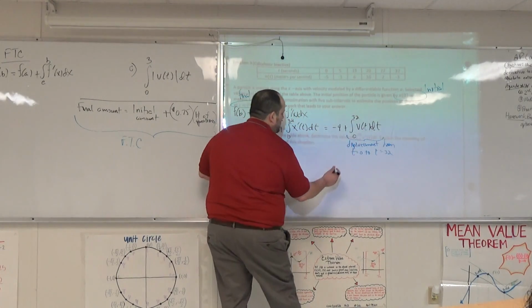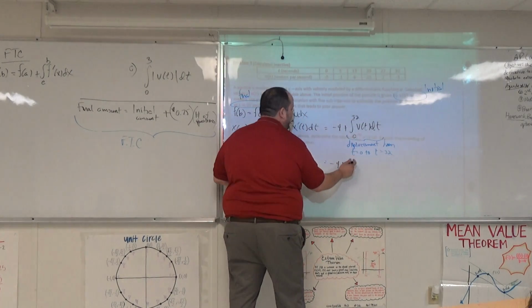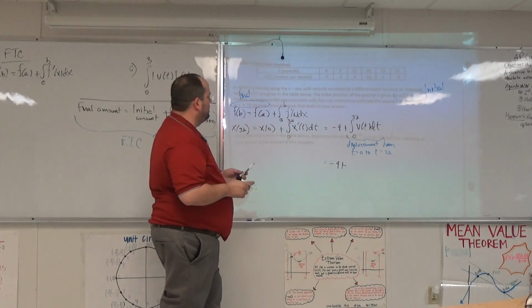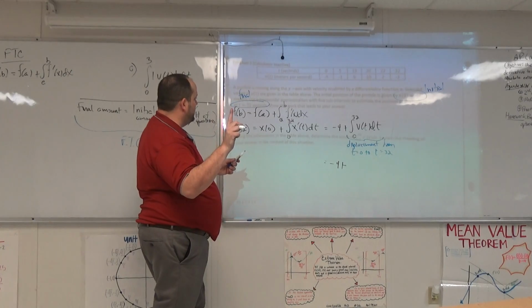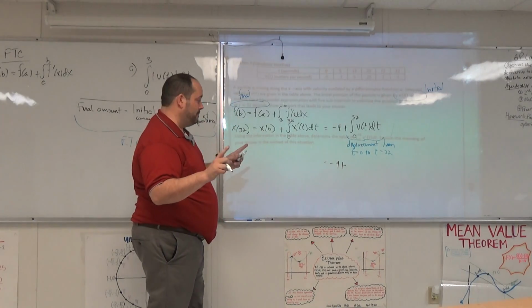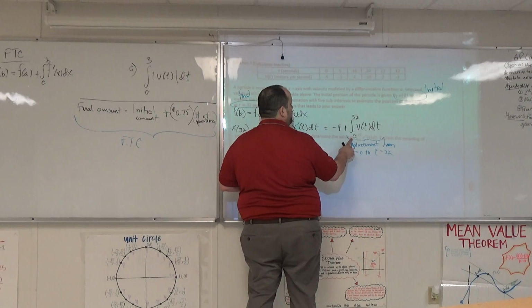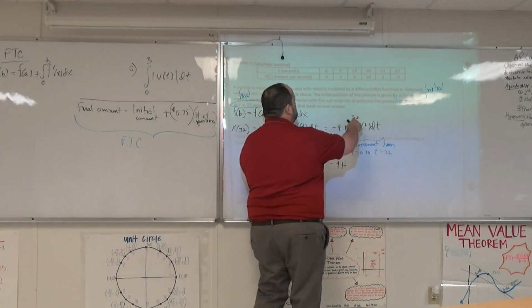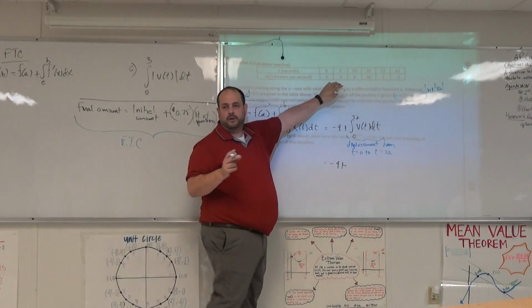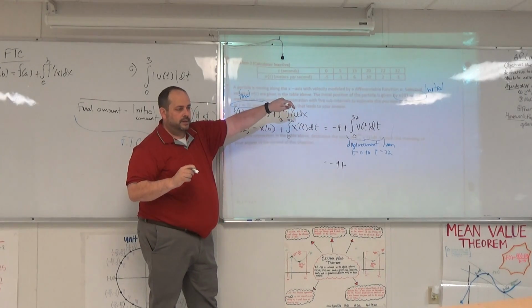So we've got -4 plus, what method did they say here? Trapezoids. I need 5 of them, going from 0 to 32. Somebody give me the setup for the first trapezoid. David, give me the first one.